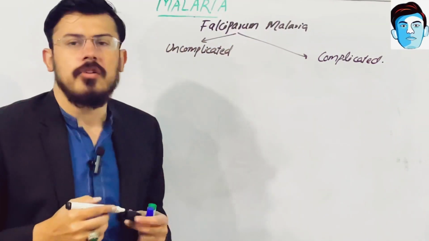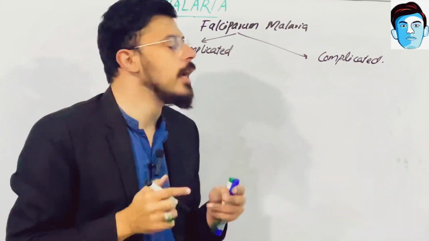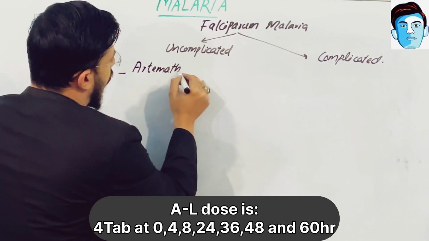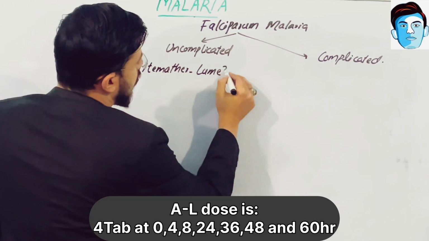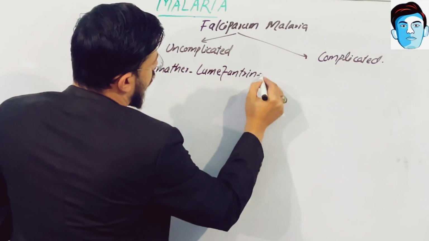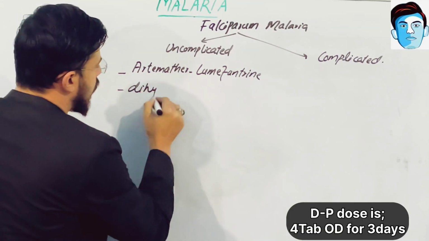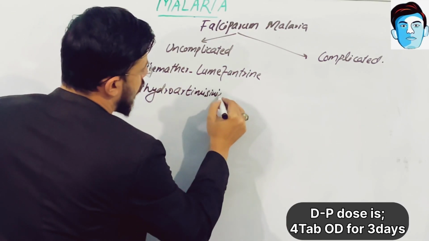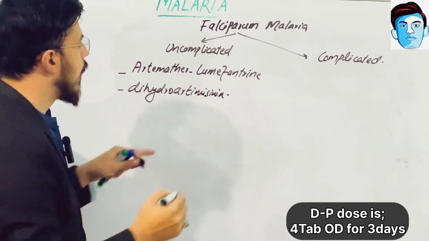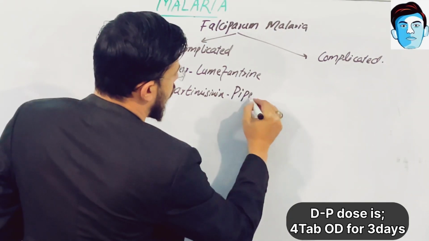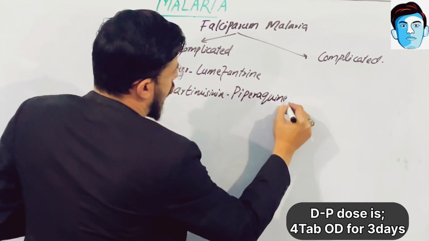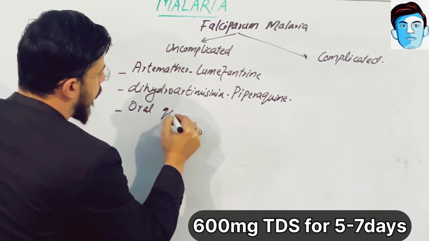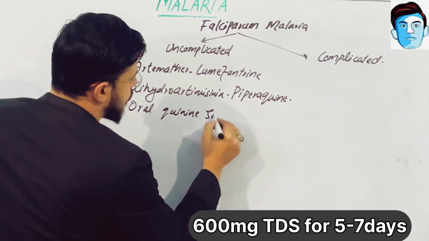Now in uncomplicated falciparum malaria we have different options: artemether-lumefantrine, dihydroartemisinin-piperaquine, and oral quinine sulfate.